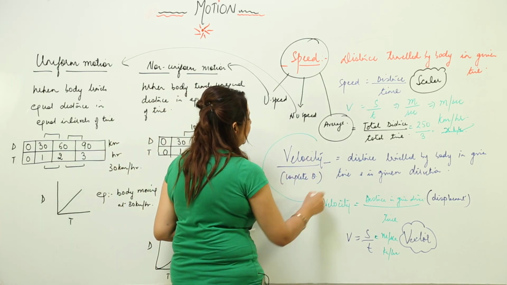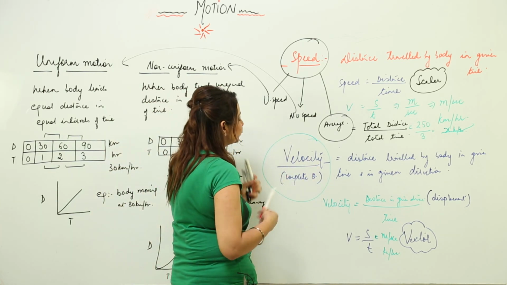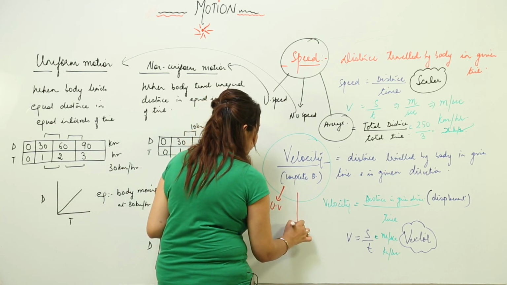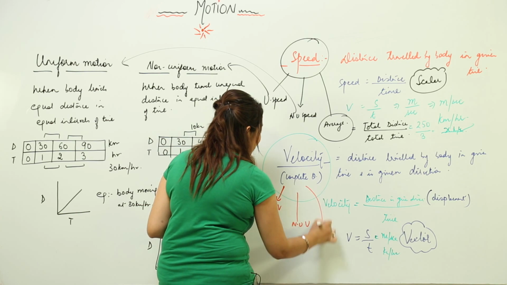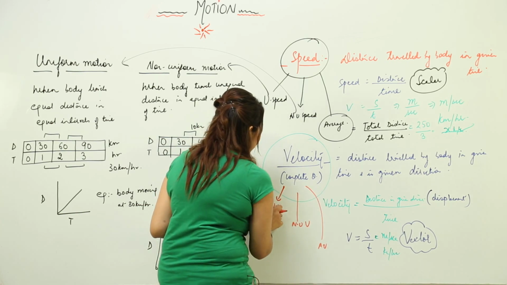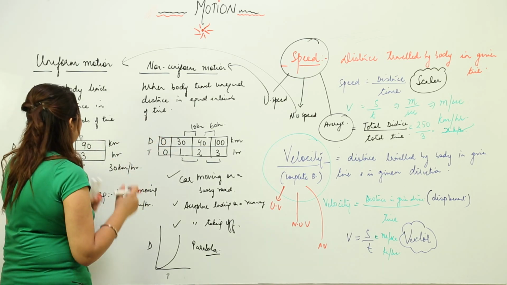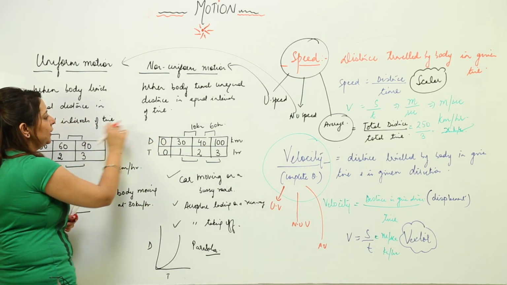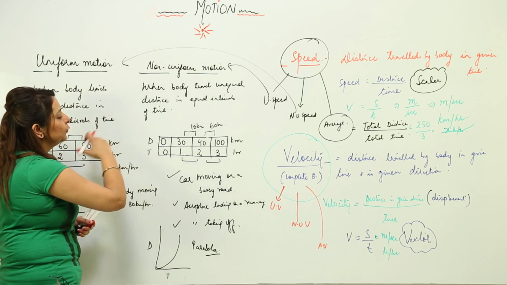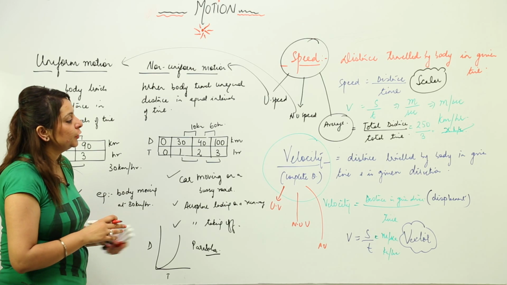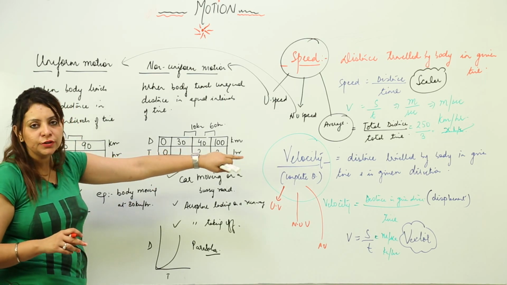Now if we talk about its types, it is again of three types: uniform velocity, non-uniform velocity and average velocity. Uniform velocity and non-uniform velocity are exactly the same, but what you need to write is "in given direction". In both cases everything is the same, but you will be writing in given direction because velocity takes direction into consideration also.